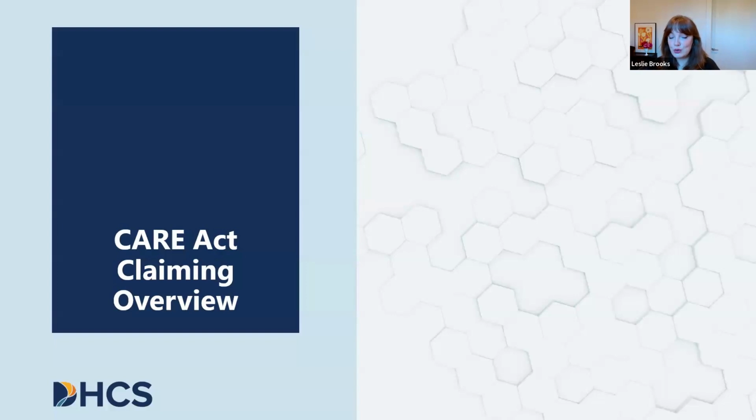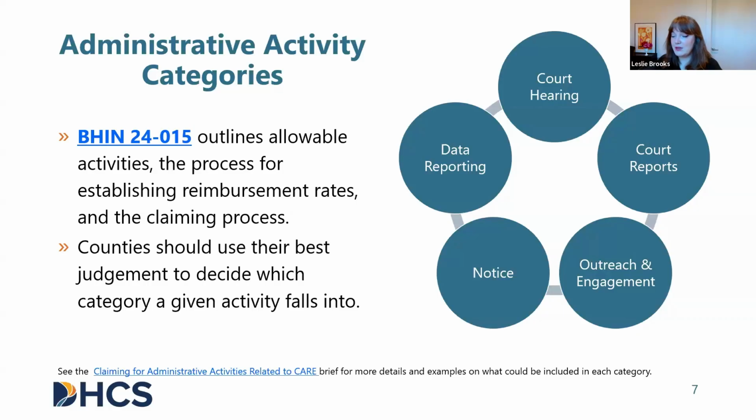As we transition to talking about our overview of the claiming, I want to call out that there are really 5 core activities that are eligible to claim for. Those are attending court hearings, preparing court reports, conducting outreach and engagement.